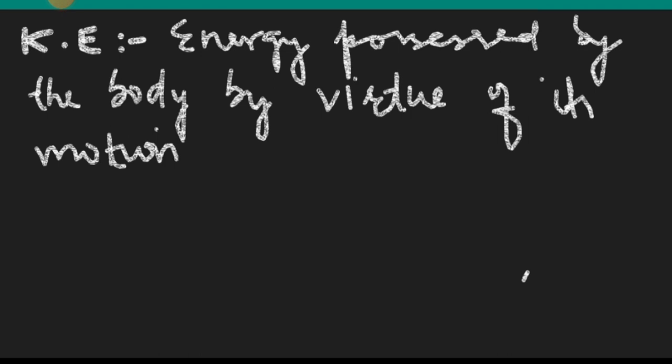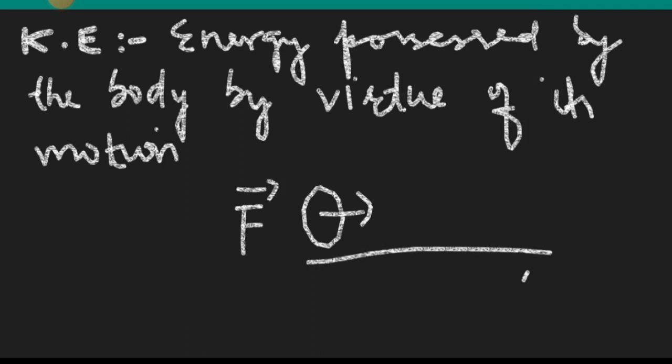Kinetic energy of a body: if a body is going through some acceleration, if some force is applied on it and it changes its position from this position to this position, during this change the body changes its velocity.